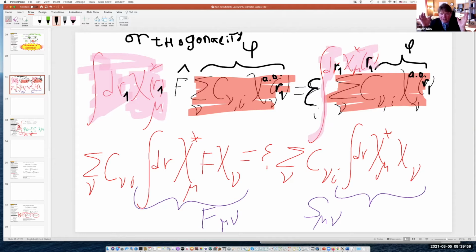So why do I do it? Because upon taking the integral over the variable R1, I will remove the dependence on R1. I will remove the atomic orbital here and there. And depending on the structure and properties of the Fock operator, this integration will give me matrix elements, which can be either zeros or ones or something more specific.